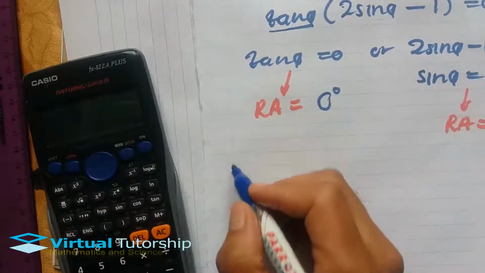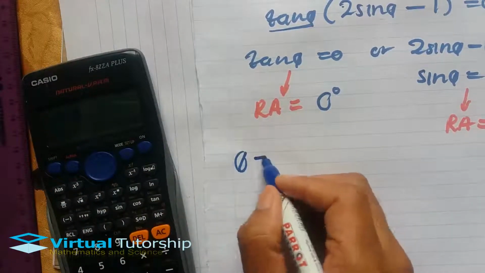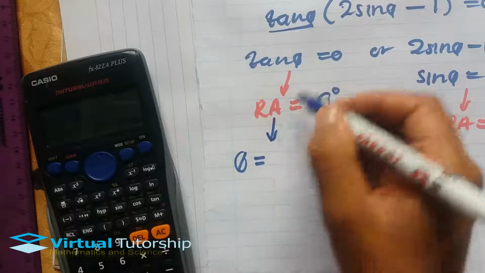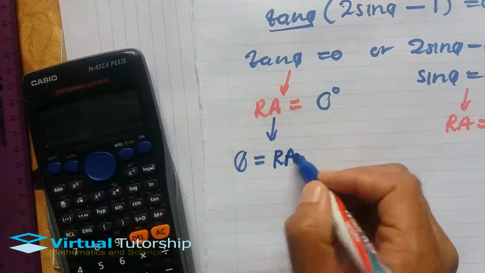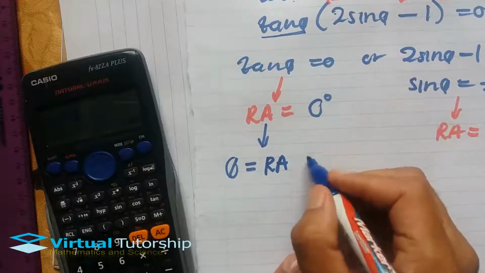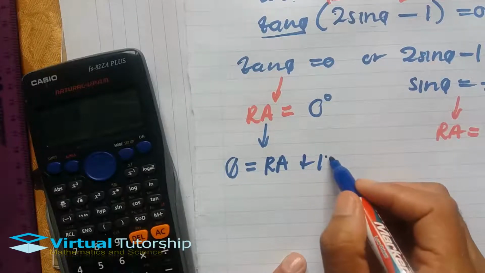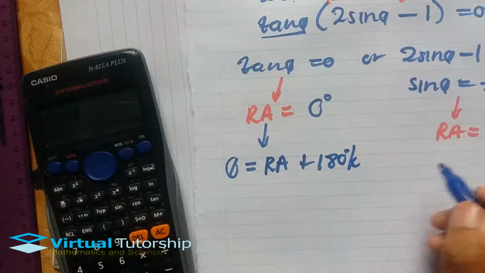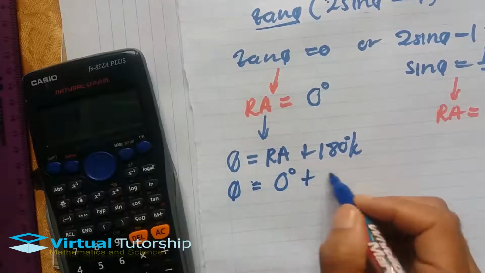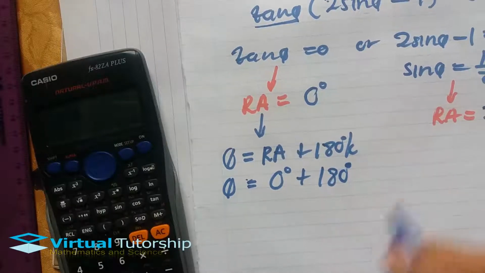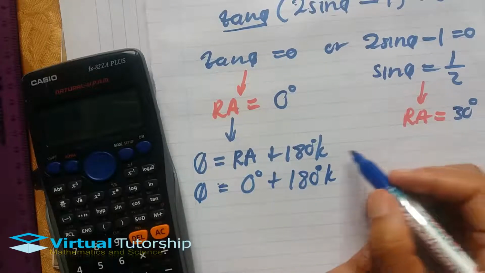So theta is equal to the reference angle plus 180 degrees k. So theta is equal to 0 degrees plus 180 degrees k.